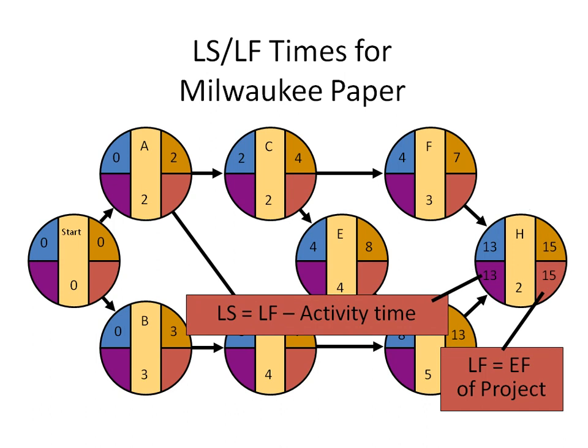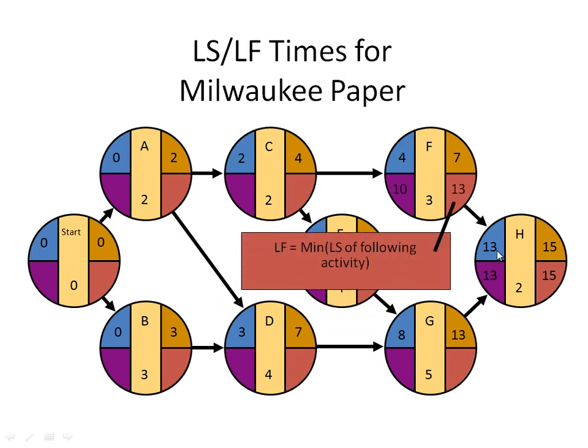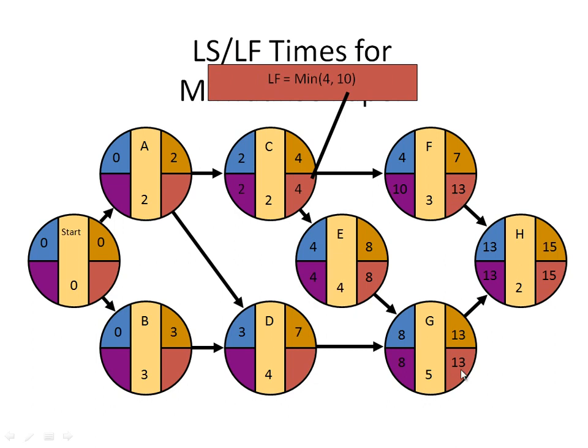Now H is the successor for both F and G. So I will use the 13 for both of them. 13 and 13. Now for F, 13 minus 3, the latest start is week 10.